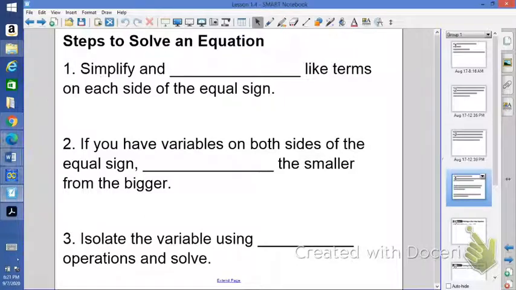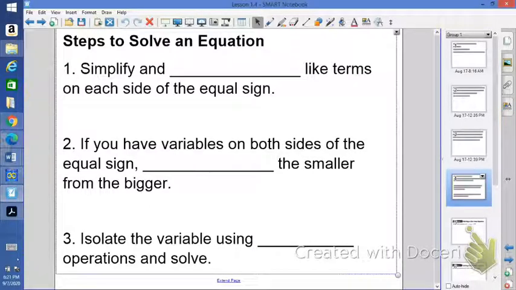Alright, and then here are the steps of solving an equation. So the first thing you have to do is simplify and combine like terms on each side of the equal sign.